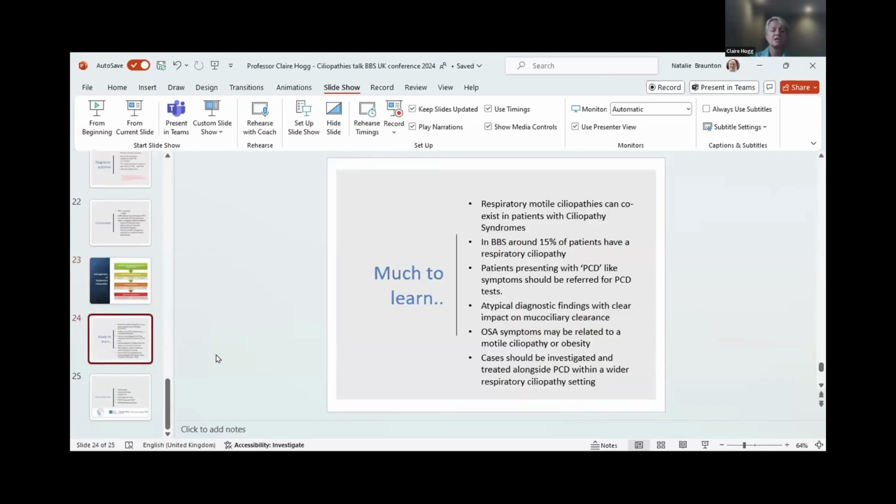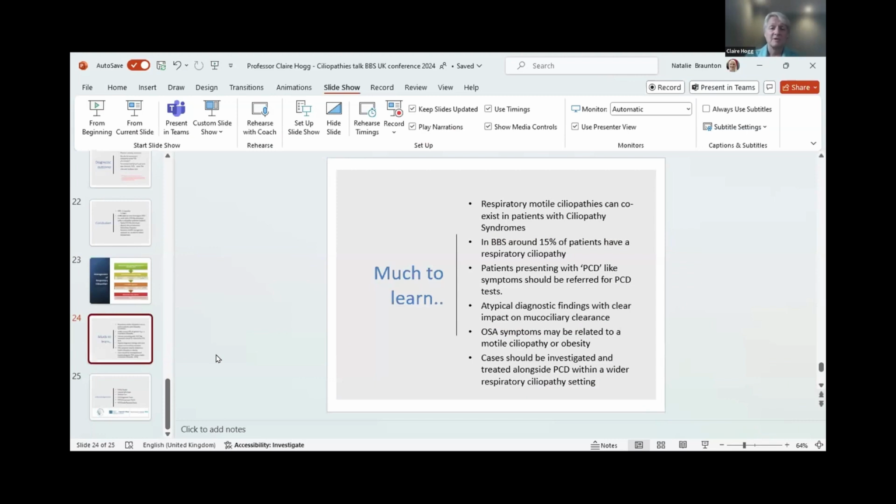So there's still much to learn. PCD, and I haven't put this in here, but we are just starting our first mRNA gene-based trials at the Brompton for that, which is very exciting, actually. And as Phil has already said, this area has just exploded in terms of gene therapies. So there is a lot to be optimistic about.